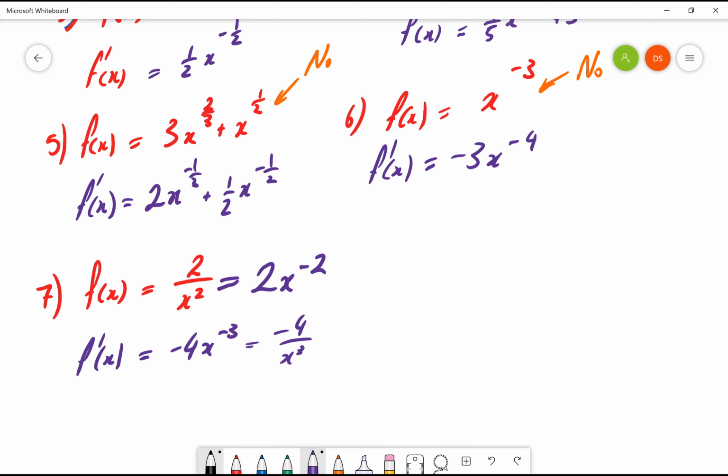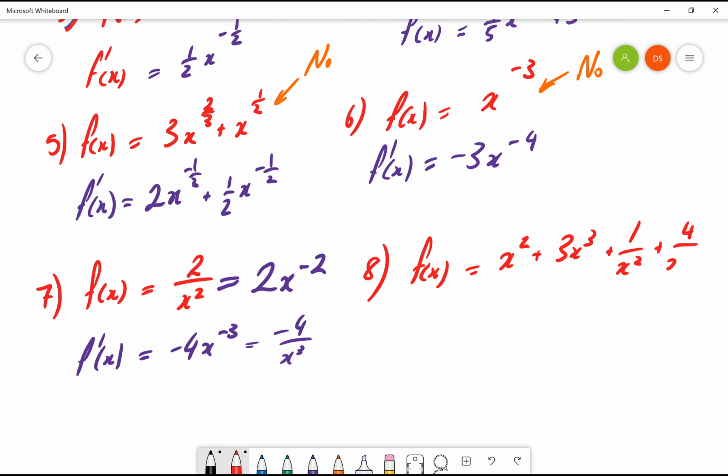Alright? Now, how could I make these questions harder? Well, I could add a whole bunch of them together. So I could do x squared plus 3x cubed plus 1 over x squared plus 4 over x to the 7. Right? Am I asking you to do that? Yes.